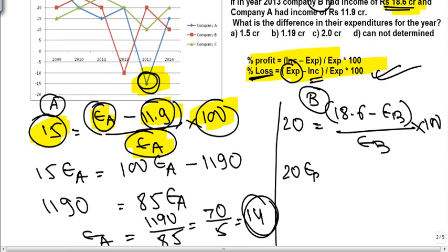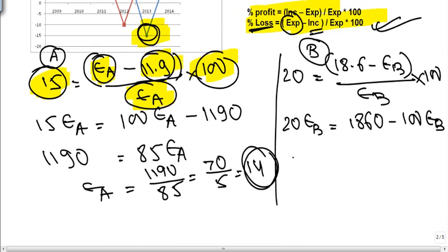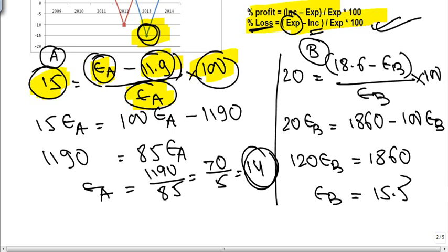Let's solve it. 20 EB equals 1860 minus 100 EB. What we get here is 120 times EB equals this. Solve it for the expenditure.